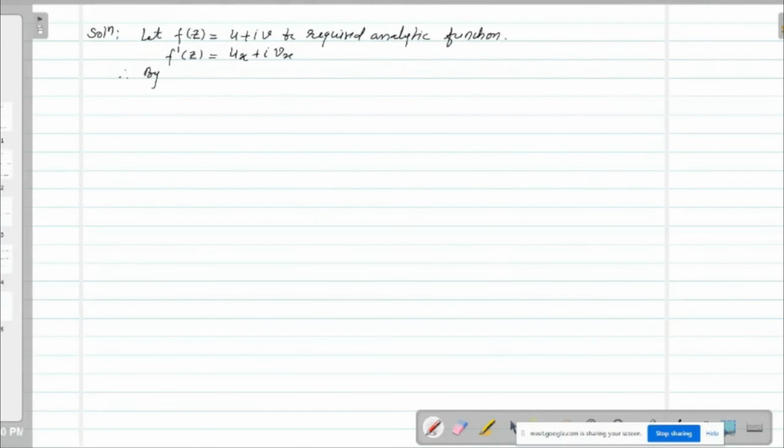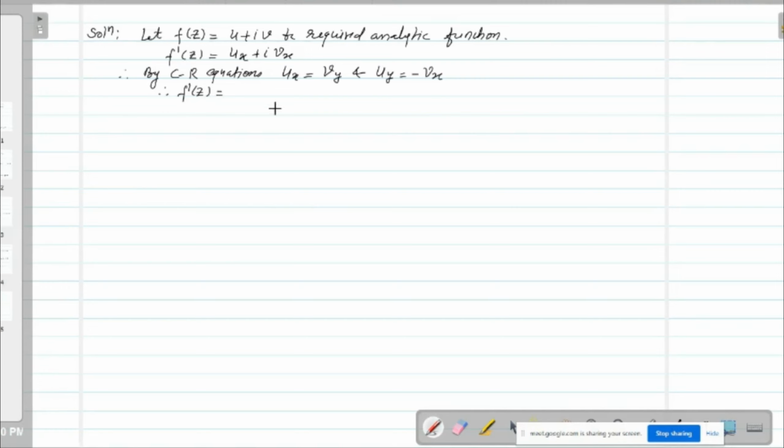So by the CR equations, what is the CR equation? ux equal to vy, and uy equal to minus vx. So we will have f dash of z equal to what?